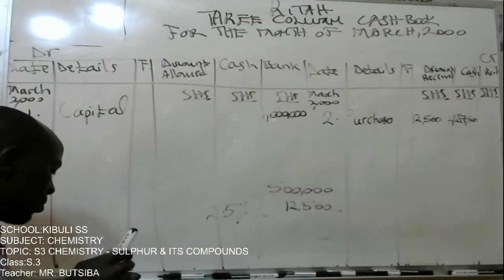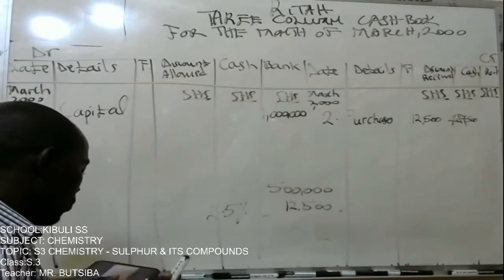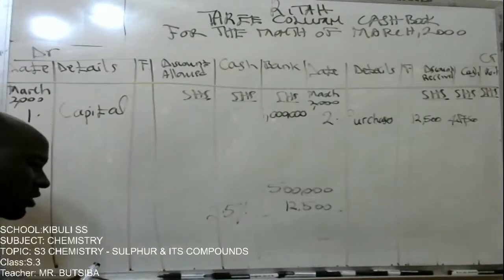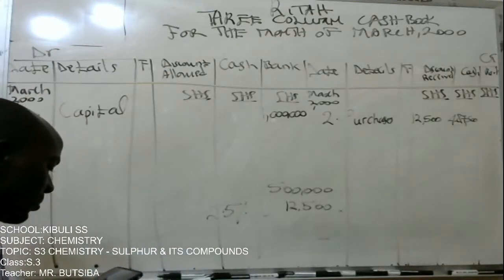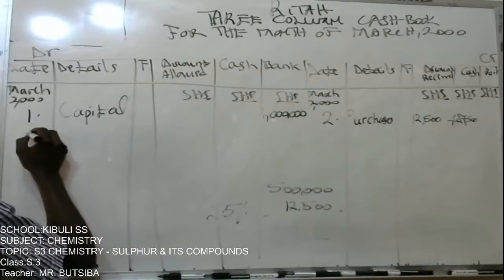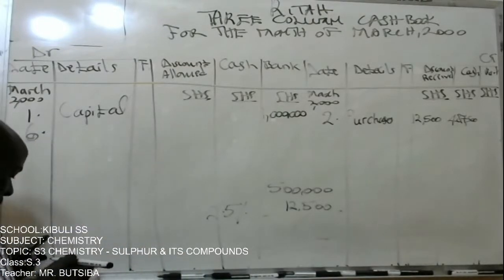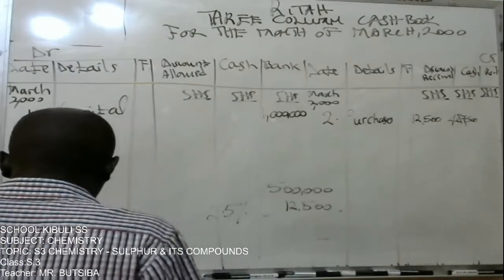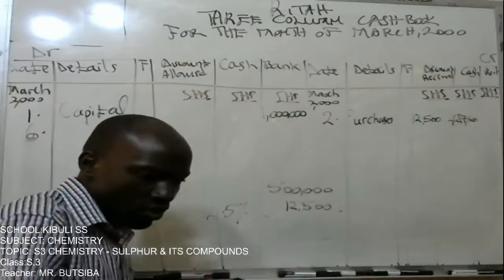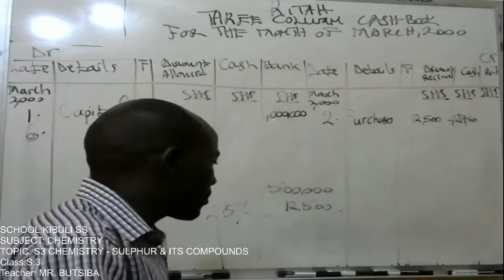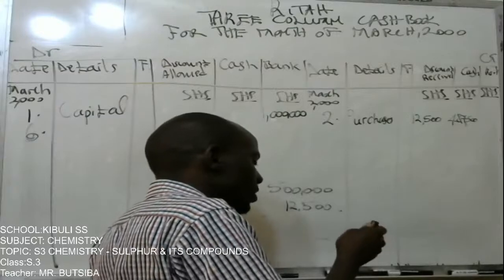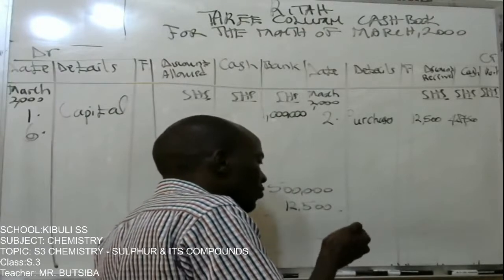Sold goods to Waswa 40,000 less 2% discount. The date is clear, it is on 6th. So class, anytime they mention someone's name in a transaction, it's an indication that that transaction is a credit transaction.